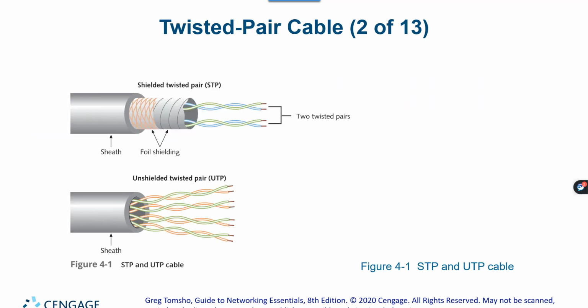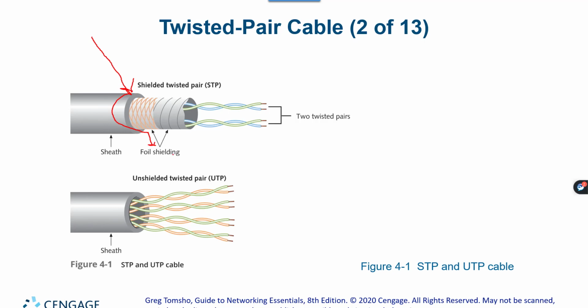Here's a picture of shielded twisted pair. Let me get my pointer. Notice here I've got some kind of shielding around the wires. So what's going to happen is when a magnetic field hits this wire here, the magnetic field is going to travel around the wire and up the bottom.